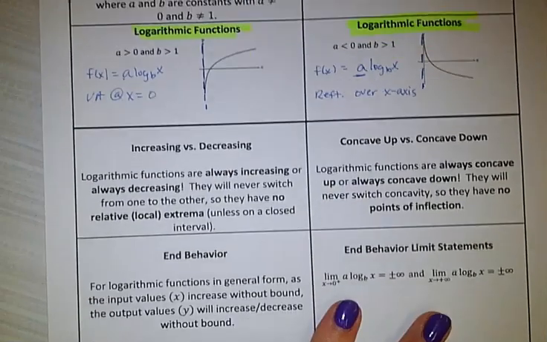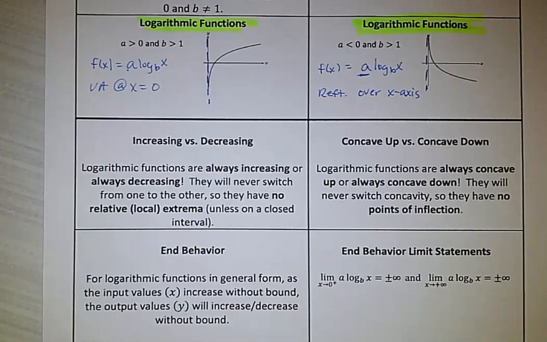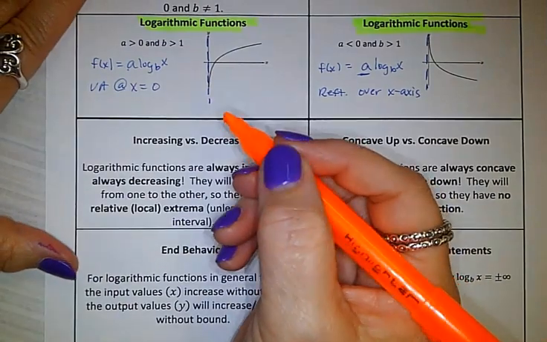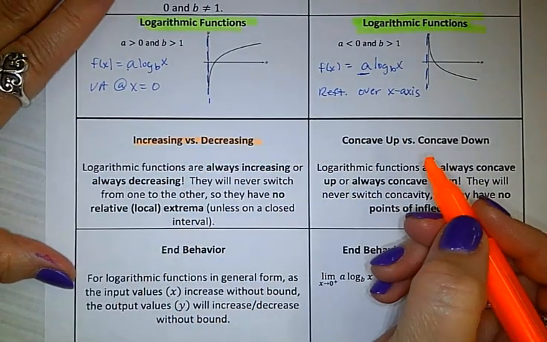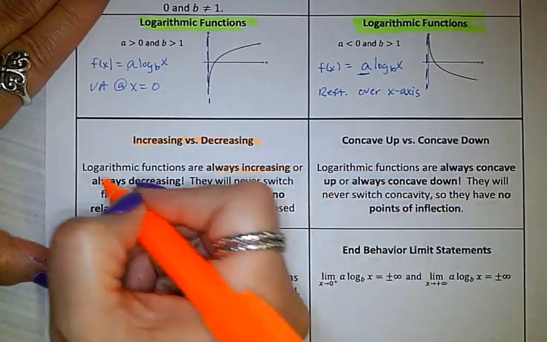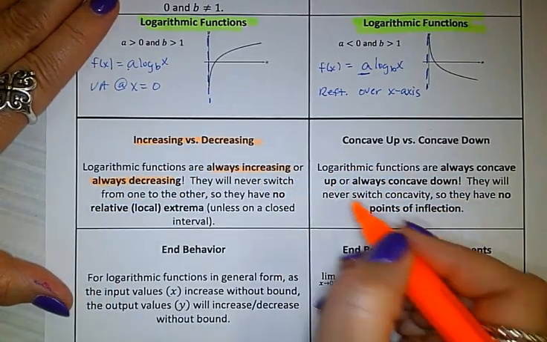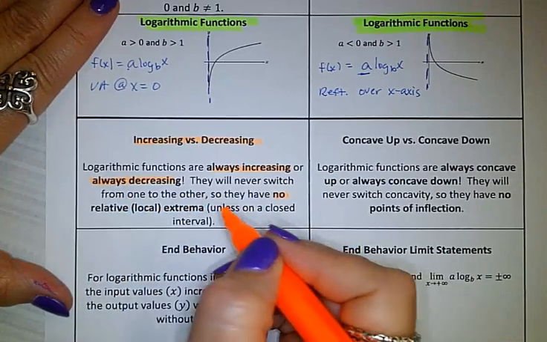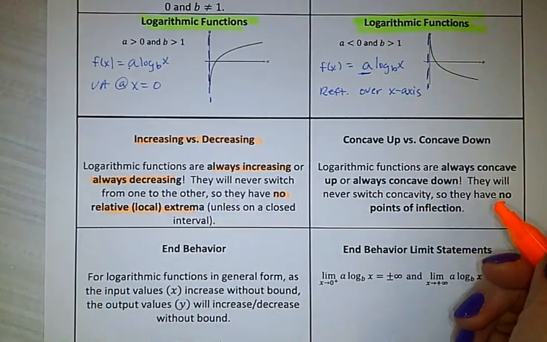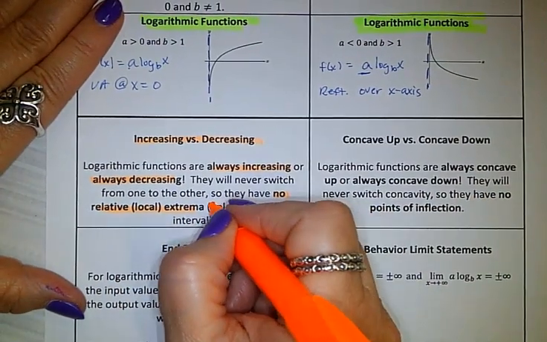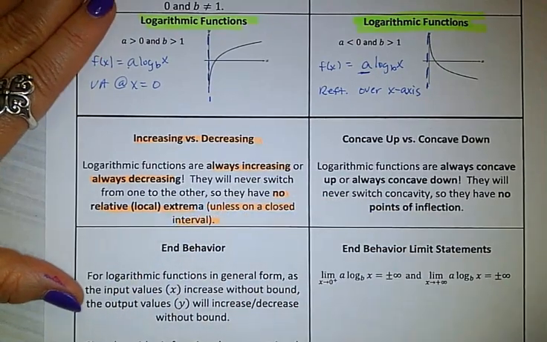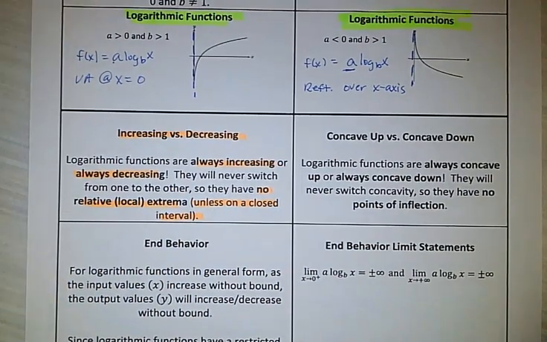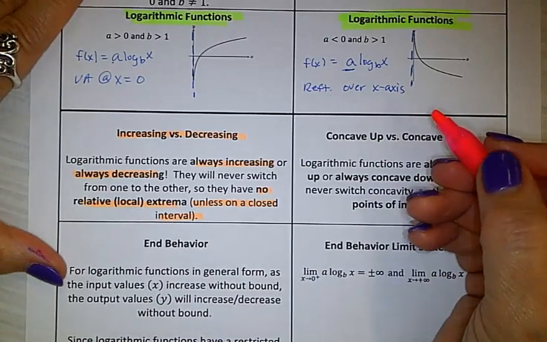All right, so what's true about logarithmic functions? If we talk about increasing versus decreasing, a logarithmic function always increases or always decreases, which means there is no relative or local extrema, unless maybe it's on a closed interval where we could be looking at the endpoints. And then we have concave up versus concave down.